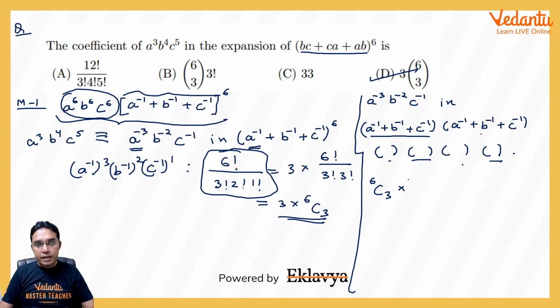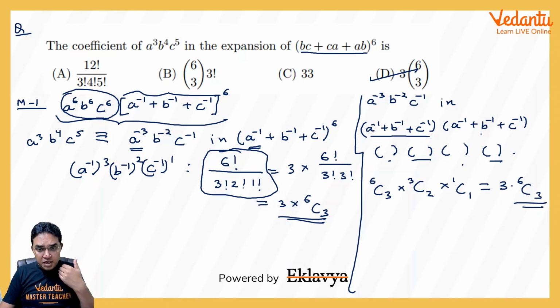So I need 2 brackets out of 3, which will be chosen in 3C2 ways, where b power minus 1, b power minus 1 will be multiplied, and then in the remaining bracket we will be multiplying c power minus 1. So that is 1C1, one way to choose that bracket. You can see this also gives the desired answer. So the answer here is 3 into 6C3. Actually, this method is the proof of this coefficient in the multinomial theorem.